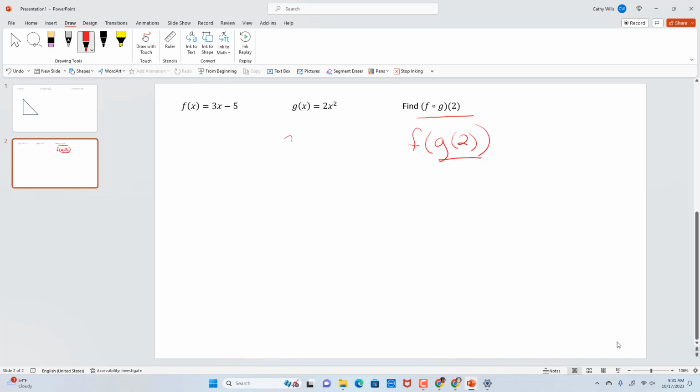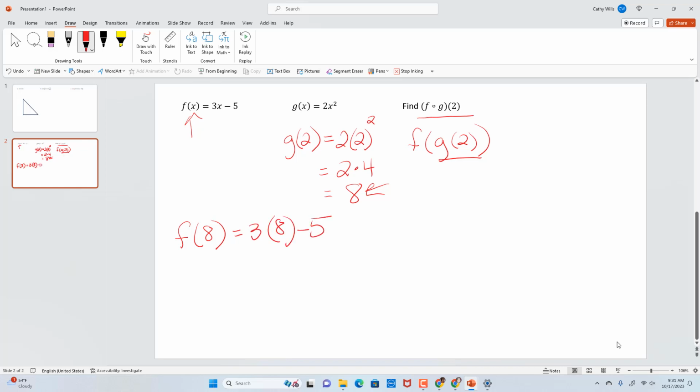So g of 2 is equal to 2 times 2 squared, which is 2 times 4, which is 8. Now we want to take that and plug it into this function. So now f of 8 is 3 times 8 minus 5, which is 24 minus 5, which is 19.